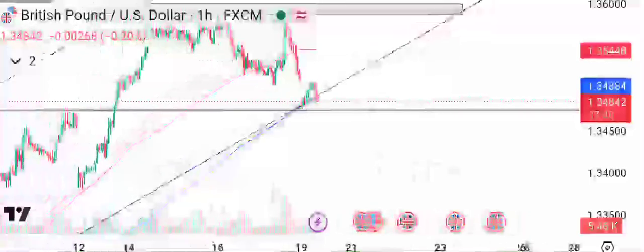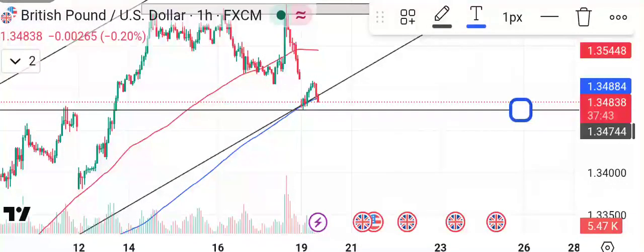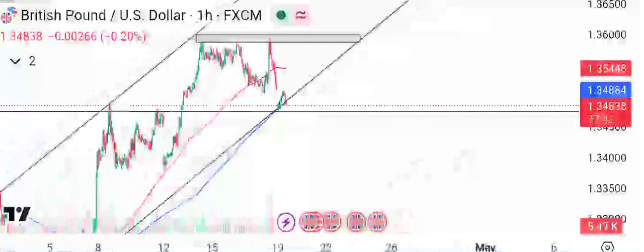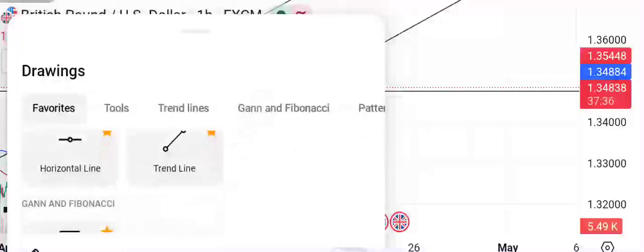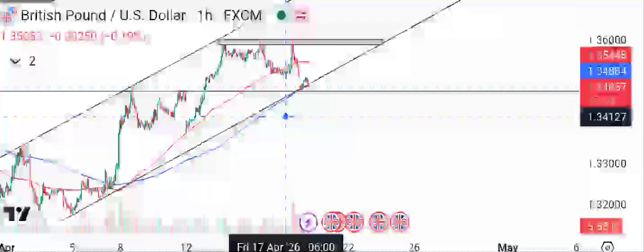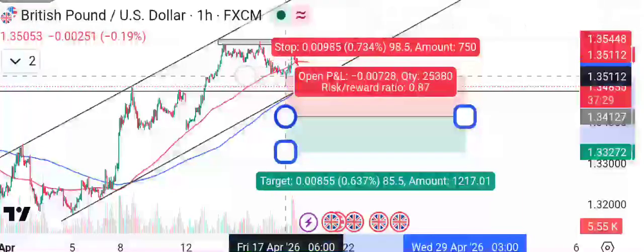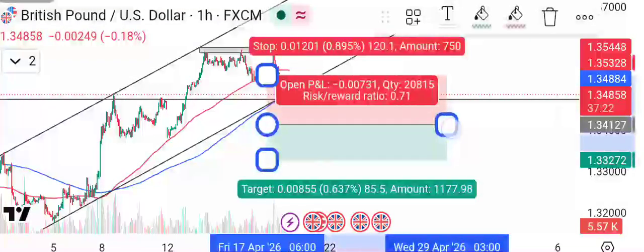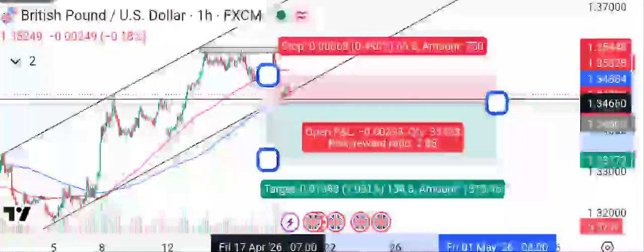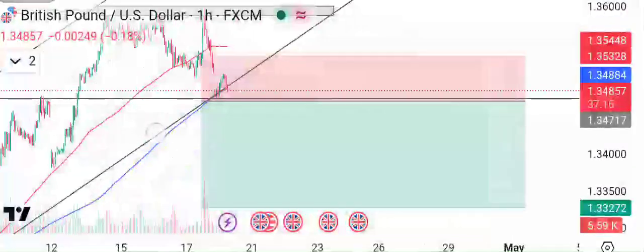If price should break below this low here, this line which I highlighted, then I'm shorting. I will enter for a sell. Let me just give the description of what I expect. If price breaks below from here, my entry should be somewhere around there, because it will be clear that price has broken below.